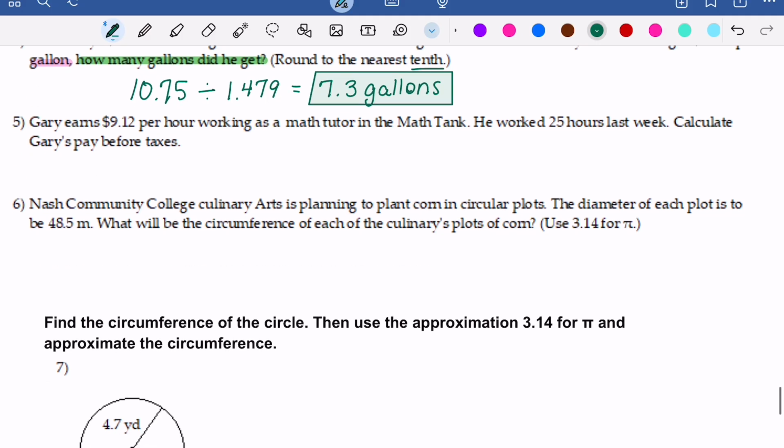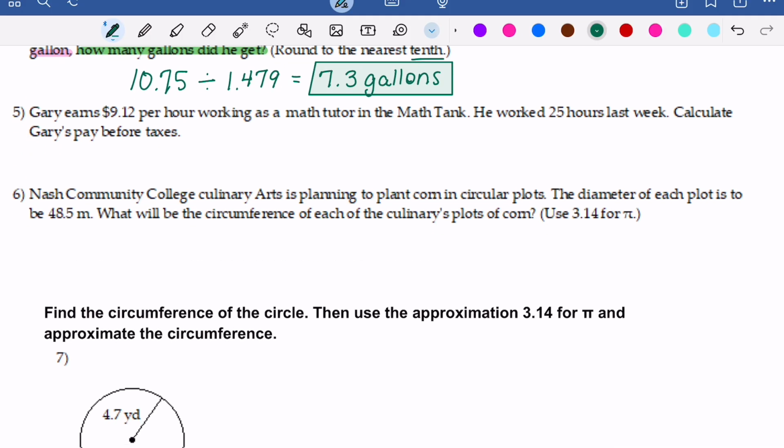Okay. Number 5. Gary earns $9.12 per hour working as a math tutor in the math tank. He worked 25 hours last week. Calculate Gary's pay before taxes. So he's making $9.12 every hour, and he worked 25 hours.